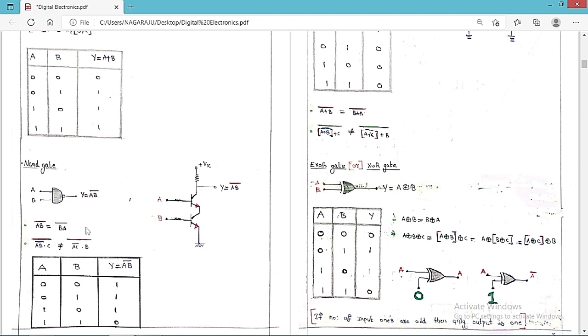Now (A·B)′ is always equal to (B·A)′. Even if we change the terminals of A and B, we get the same thing, so it satisfies the commutative property. Now suppose ((A·B)′·C)′ is not equal to (A·(B·C)′)′. This means the associative property is not satisfied by the NAND gate.